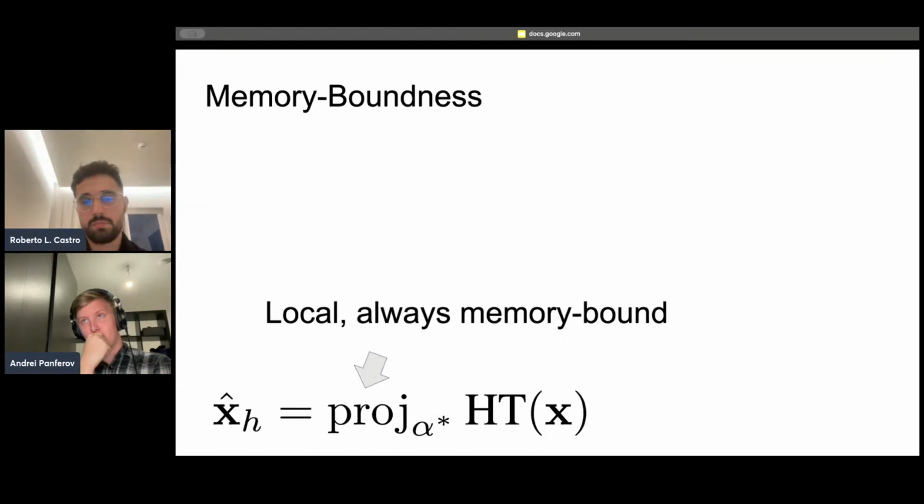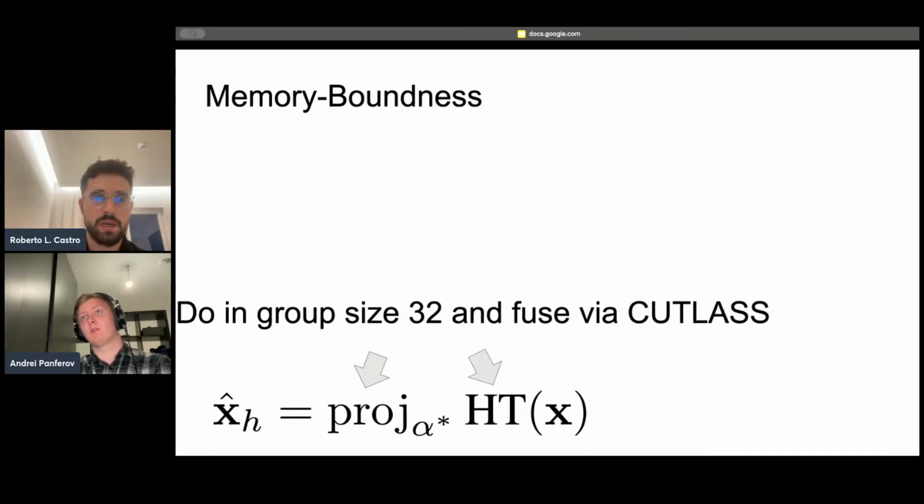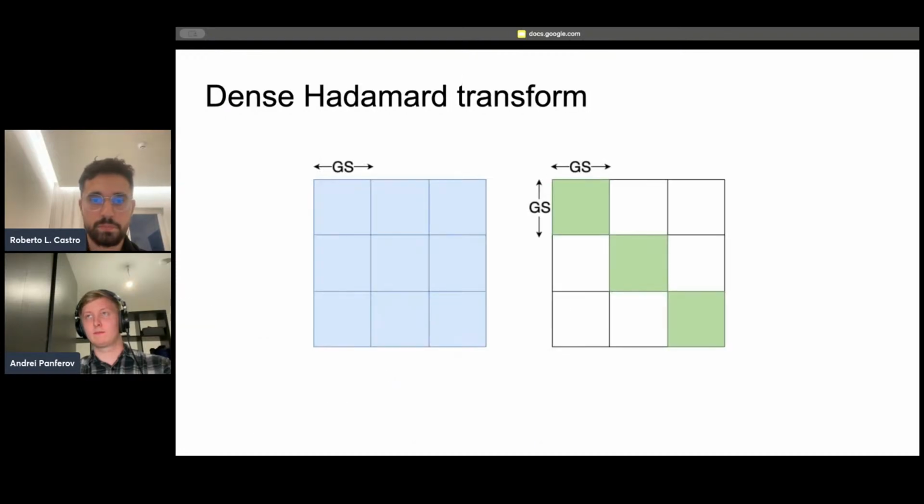So this alpha projection is also memory bound, and we solve this problem with a CUTLASS fused kernel for Hadamard sizes of 32 that are actually really small Hadamard sizes, but we found that they just work, right? They just work. So we don't really need to use larger Hadamard sizes here to make our method work.